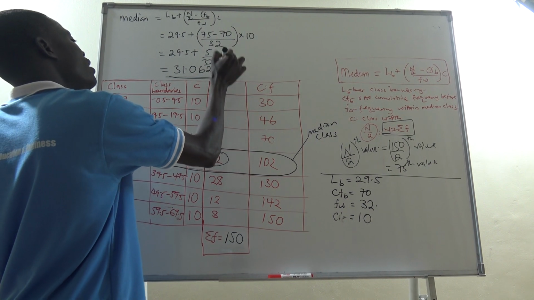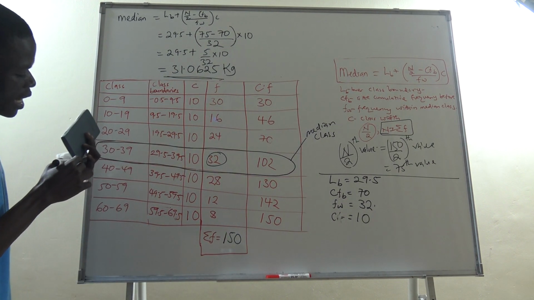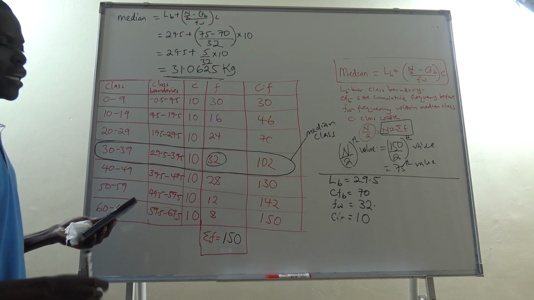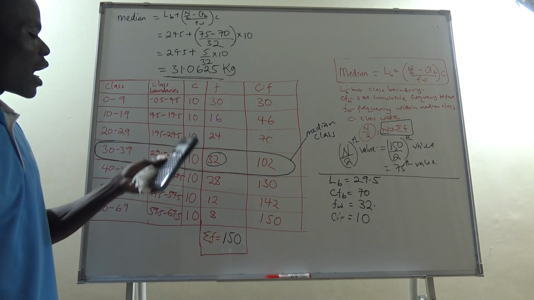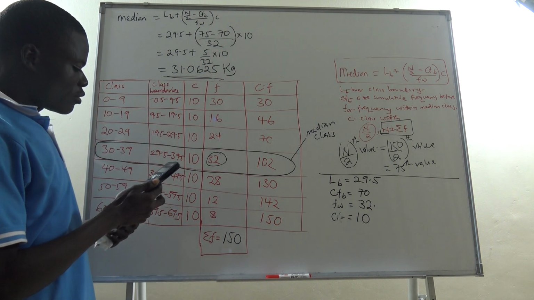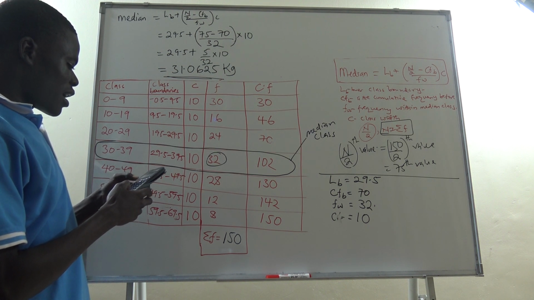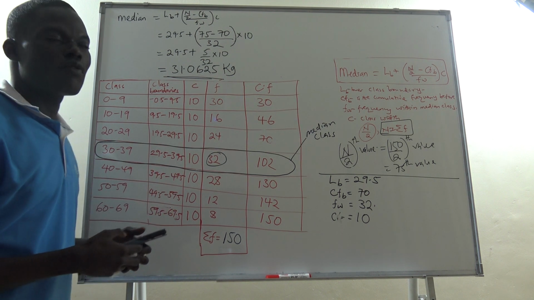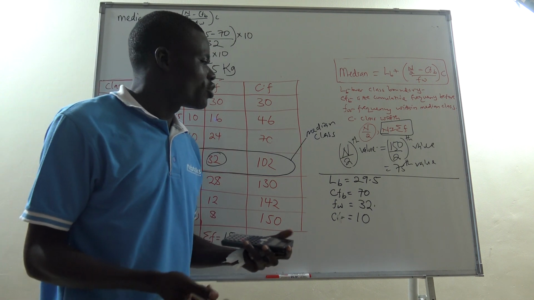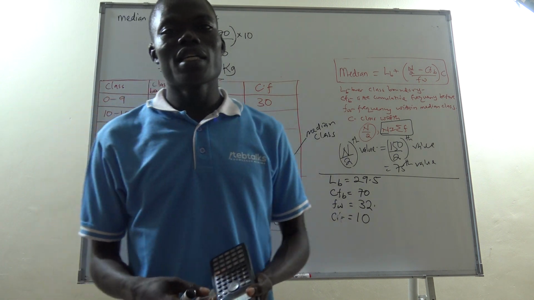But our class was for weight, which was measured in kilograms. So our median became 31.0625 kilograms. So thank you for watching this video. We meet in the next video.